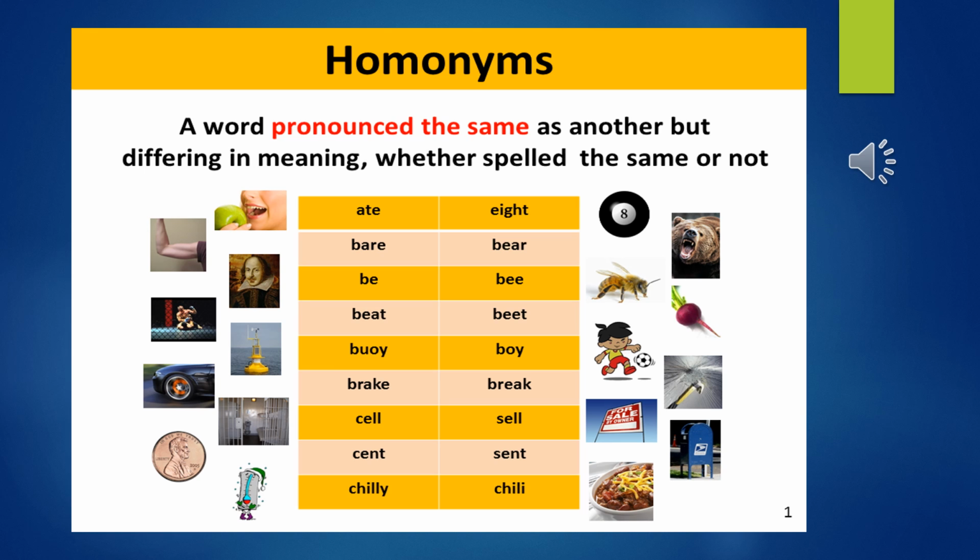A homonym is a word pronounced the same as another but differing in meaning, whether spelled the same or not. For example, ate, bear, bee, beat, boy, break, sail, scent, and chili.